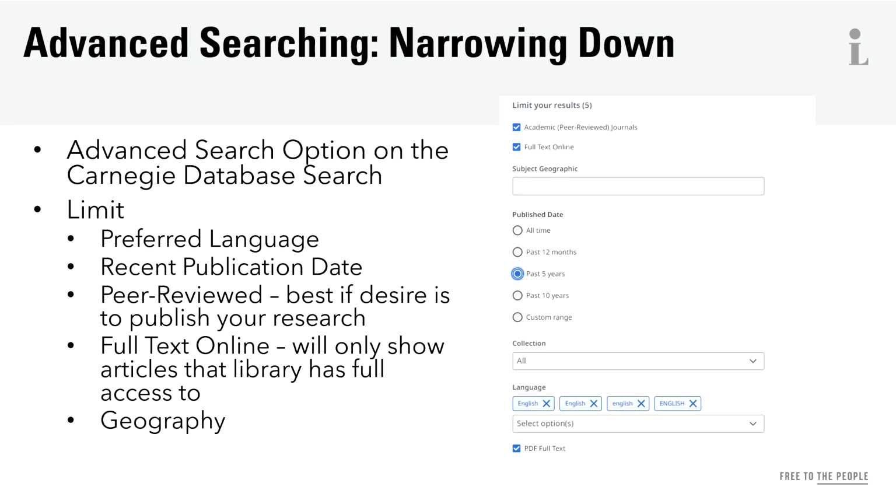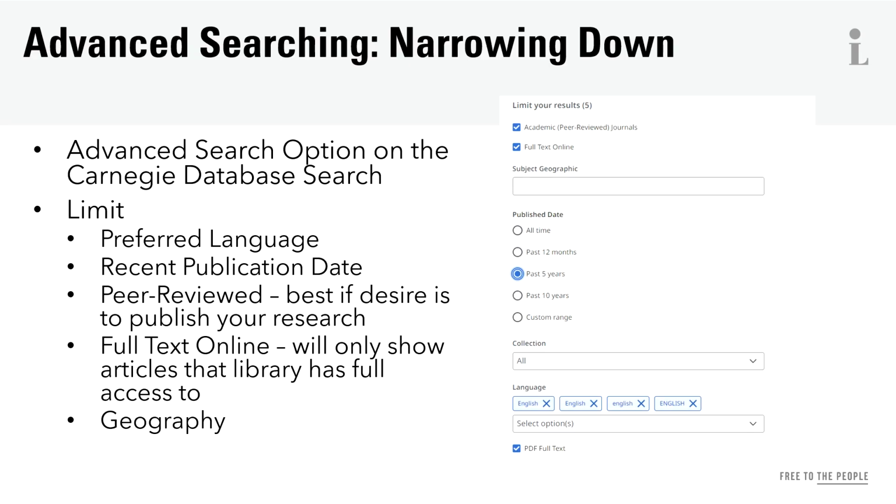Peer-reviewed means that the article published has been reviewed by at least one, if not more, other experts in the field, and that they have approved its content. This is an important process in academic writing, and it ideally helps limit biases, fallacies, or inadequate research methods. While peer-reviewed is a good indicator of a quality source, it's not foolproof. So for very important sources, checking that the publisher or author is in good standing might be beneficial.